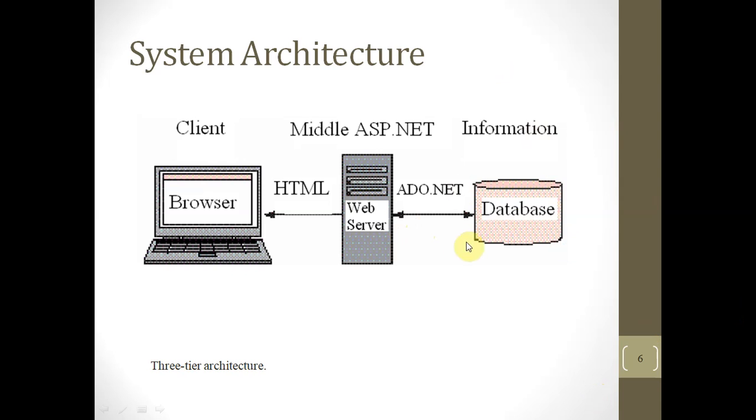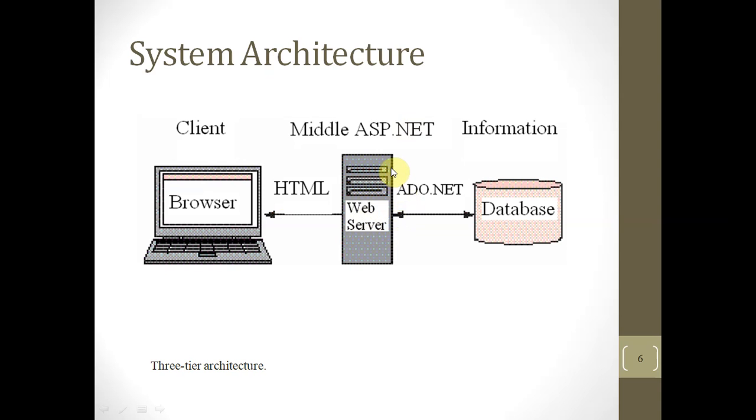In case of Java programming or J2EE, we will use JDBC, ODBC to connect to the database, and on a web server we will use JSP, Java Servlet, Java Bean, and other programming. But in case of Microsoft technology, we'll use ASP.NET for server designing.